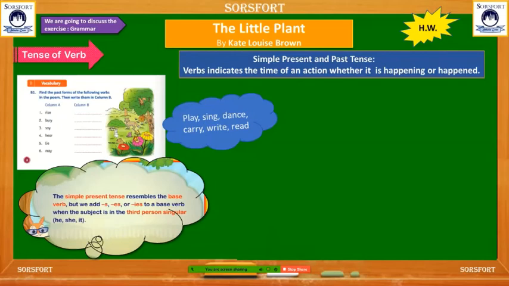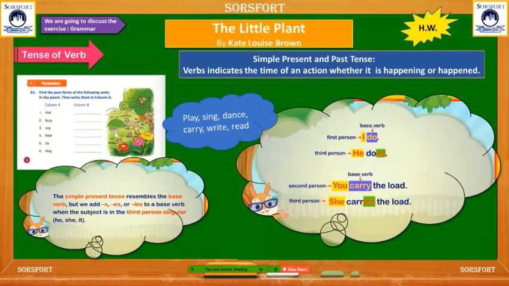He, she, or it. If the subject is he, she, or it, then we add s, es, or ies after the verb. If the subject is he, then we will write he plays cricket. P-L-A-Y-S. Only S. Like that.